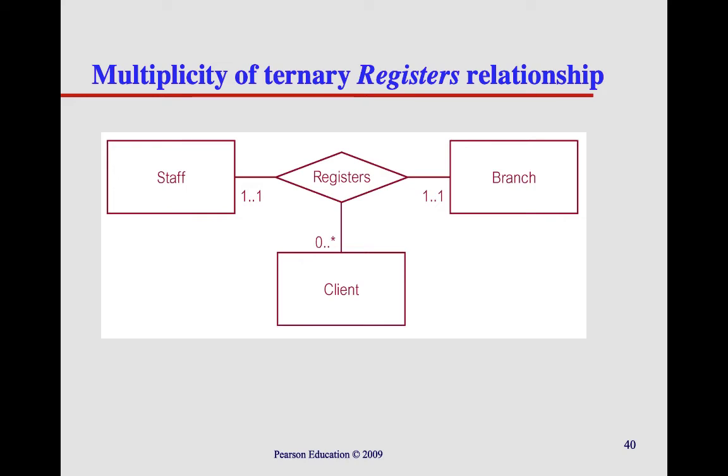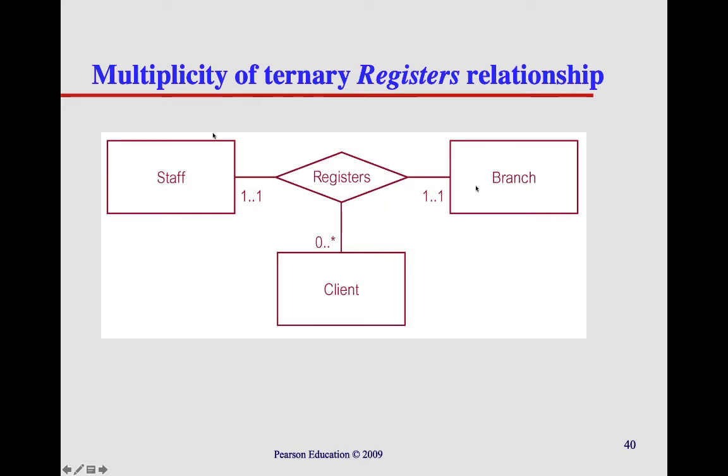What you have to do now is consider, for a branch, what happens when we have a specific staff and a specific client? How many instances of a branch can we have? So how many staff can register? Wait, let's see.